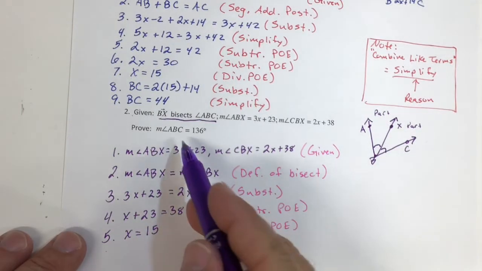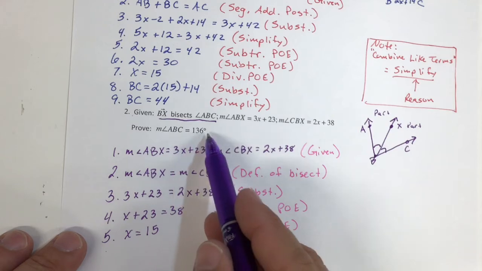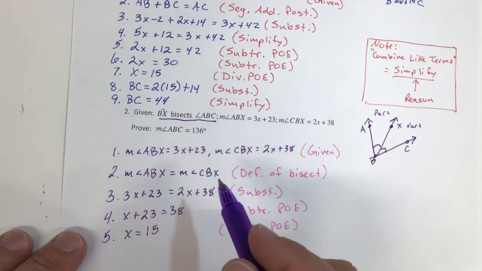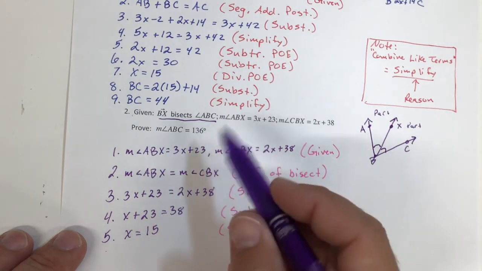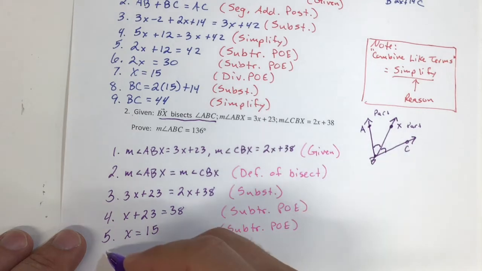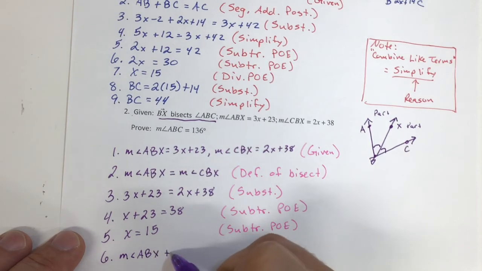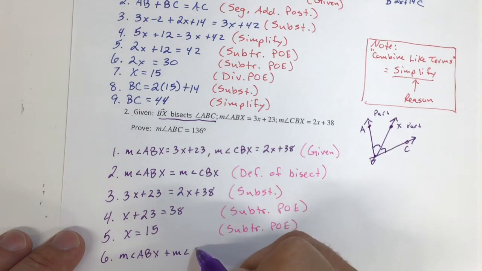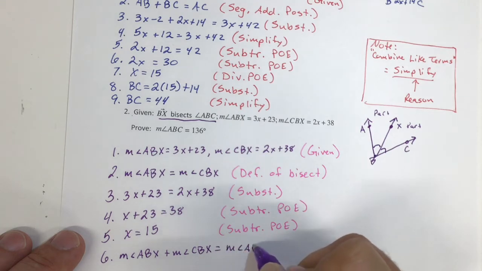Now to finish the proof though, we want to show that the measure of angle ABC is 136. All right? Now, this is a little bit tricky because I haven't said the measure of angle ABC in an exact expression. So I need to actually take a step to say this. I need to say the measure of angle ABX plus the measure of angle CBX equals the measure of angle ABC.